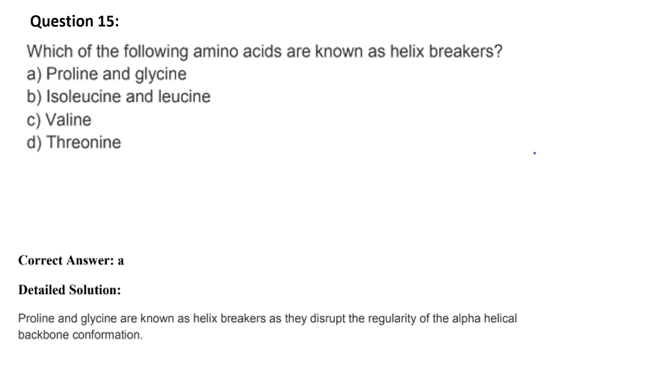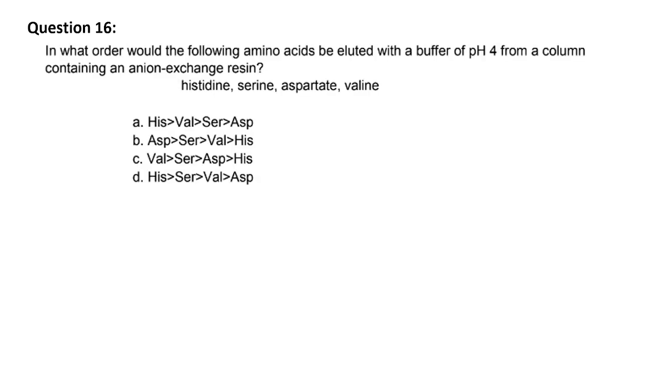Next question: in what order would the following amino acids be eluted with a buffer of pH 4 from a column containing an anion exchange resin? Histidine, cysteine, aspartate, and valine. A column containing an anion exchange resin releases amino acids in reverse order of their isoelectric point.